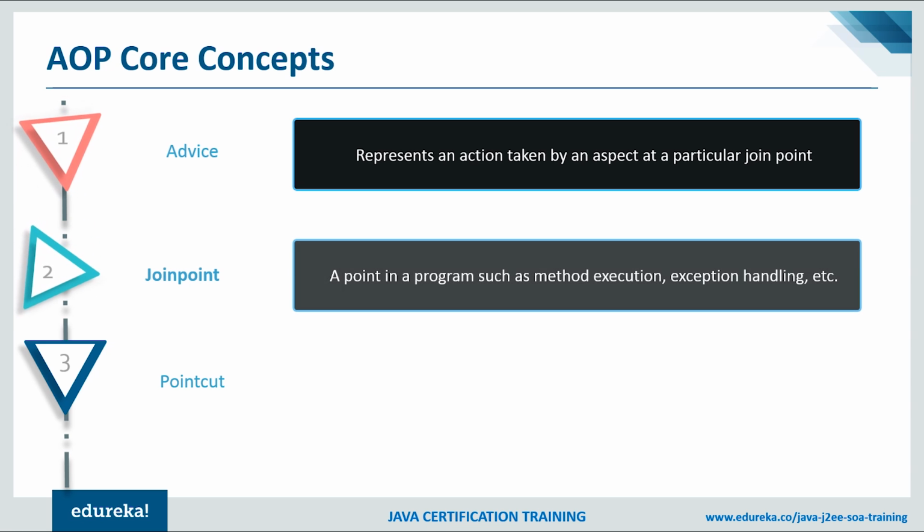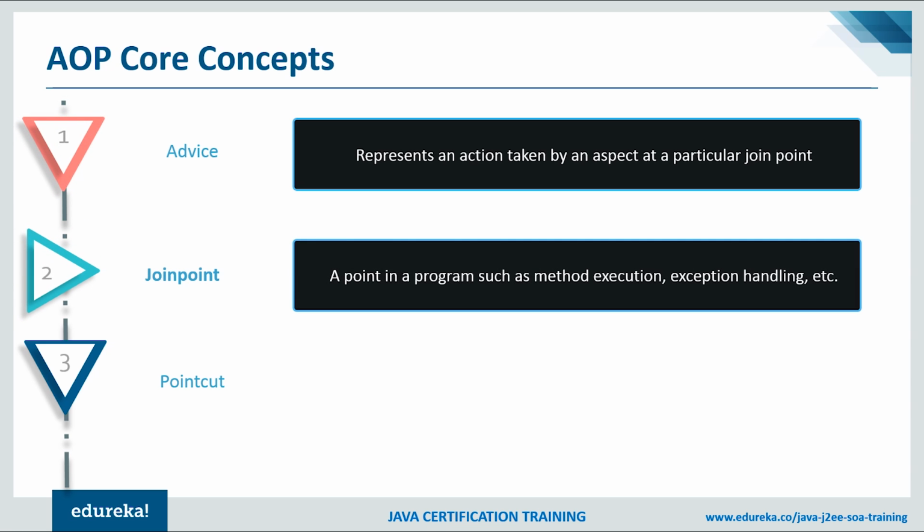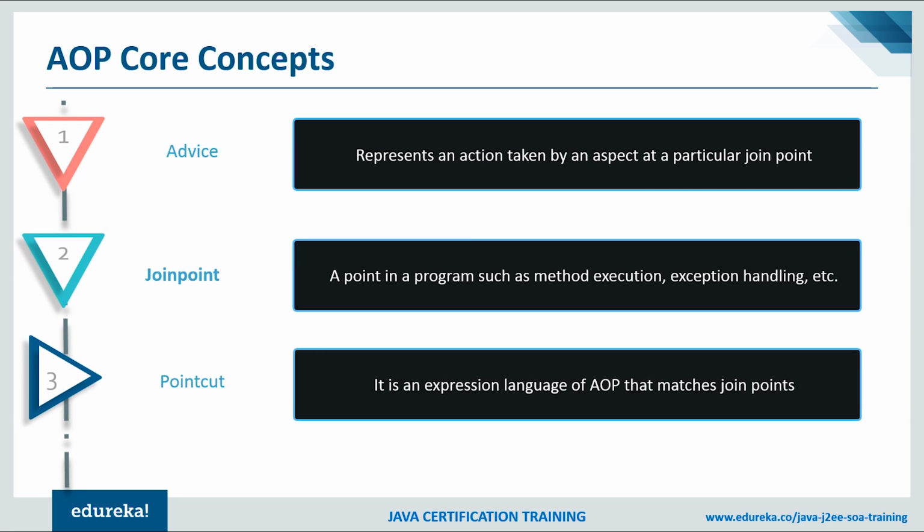So what is a join point? It's a point in the program such as method execution, exception handling, etc. And that is also a candidate point in the program execution where an aspect can be plugged in. So what is a point cut? Point cuts are the expressions that are matched with the join points to determine whether advice needs to be executed or not.